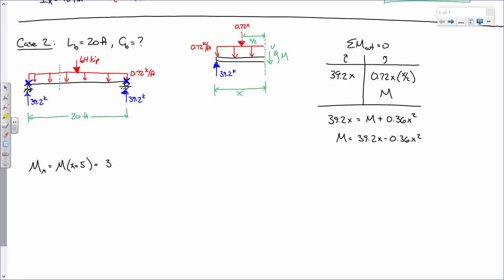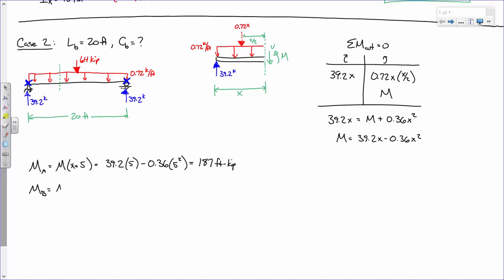So it's M at x equals 5, which is 39.2 times 5 minus 0.36 times 5 squared. What does that equal? 187 foot kips. Do I have a second on that? Okay. So what about MB? What do I do for MB?